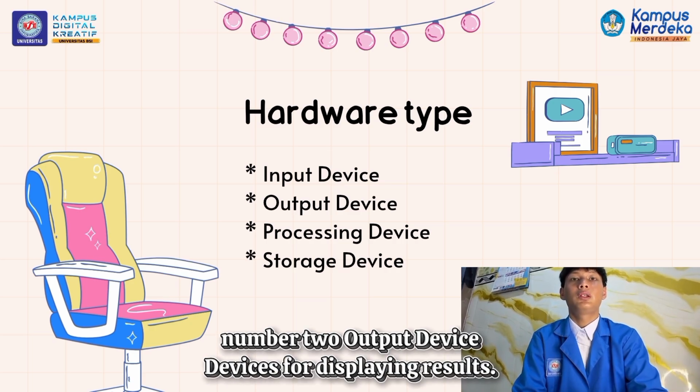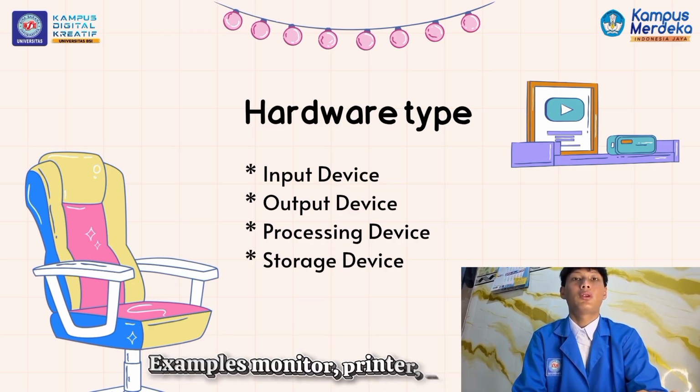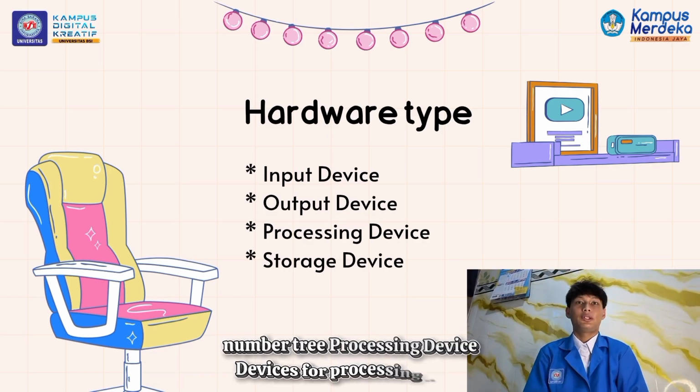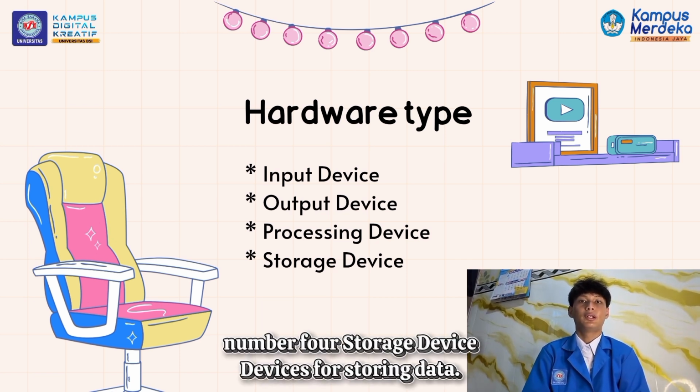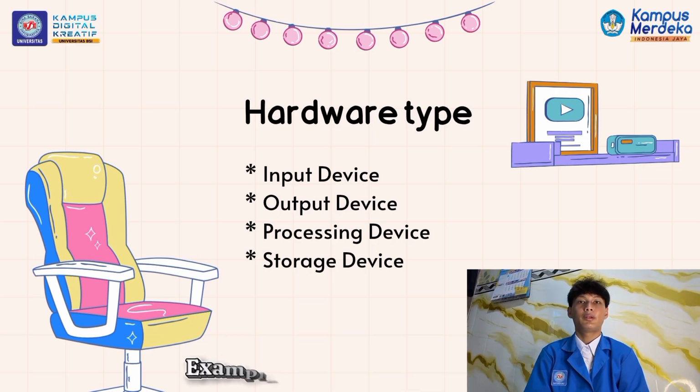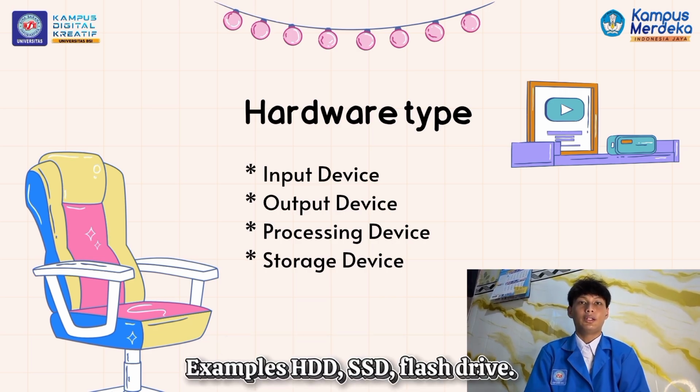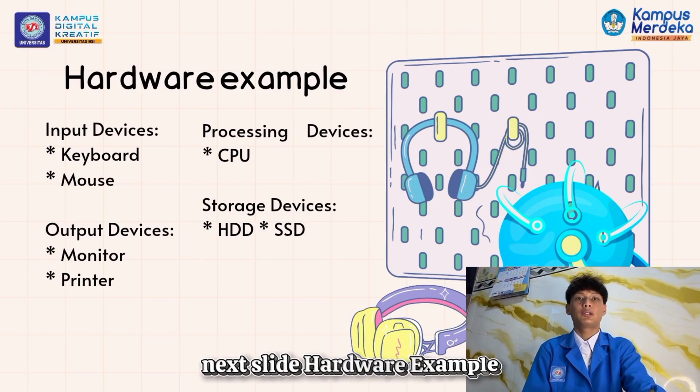A device for displaying results. Example: monitor, printer, and speaker. Number 3, processing device. A device for processing data. Example: CPU. Number 4, storage device. A device for storing data. Example: HDD, SSD, and flash drive.